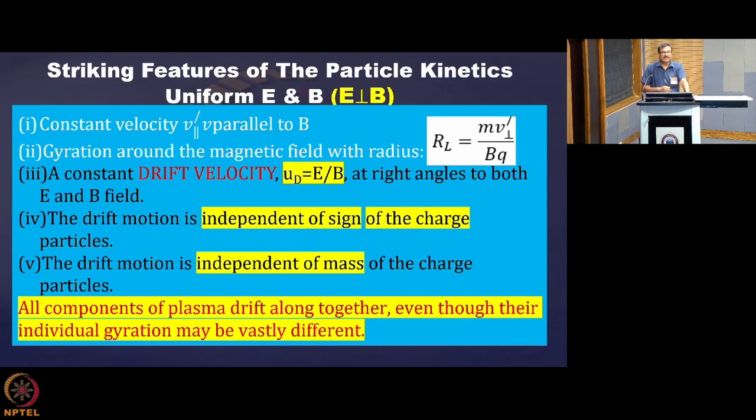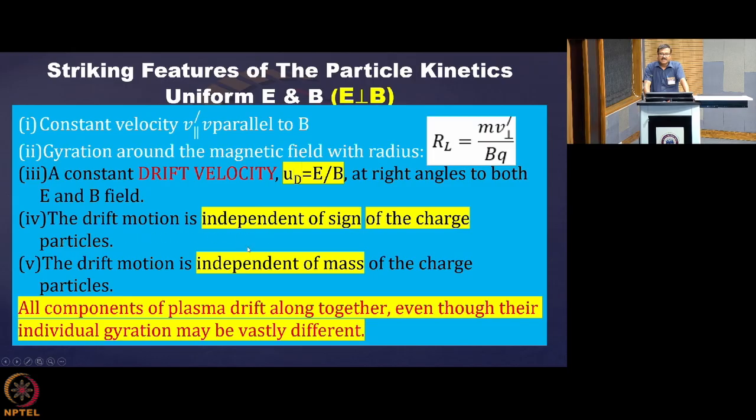So ultimately, some features of this particle kinetics under uniform E and B fields: a constant velocity V' perpendicular to B, gyration around the magnetic field with radius RL equal to m V perpendicular' by BQ, and a constant drift velocity Vd equal to E by B at right angles to both E and B fields.